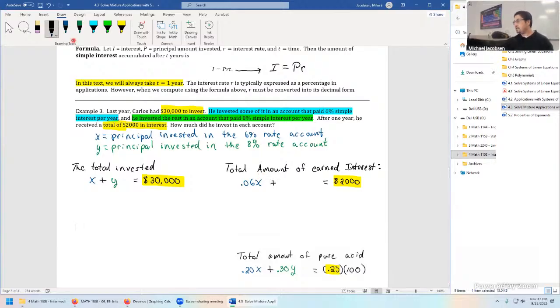Plus, this was just interest coming from the first account, x. Interest in the second account was take the principal, that's the y variable, and multiply it by the interest rate, that's the 8%. To convert that to the decimal, just move the decimal point 2 spots to the left. Now it's at 0.08.